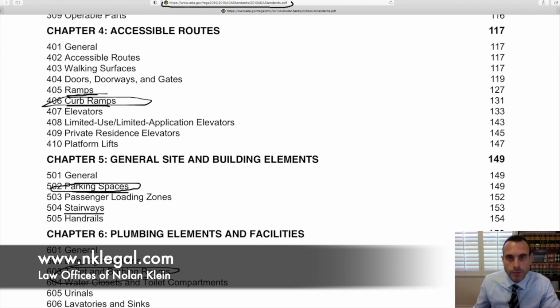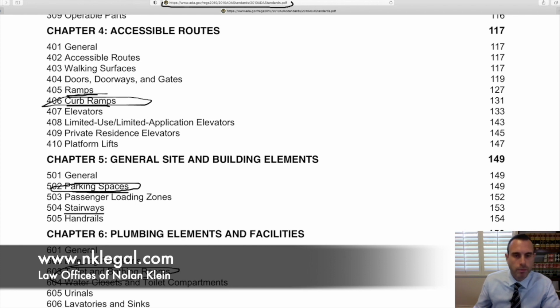And the exact specifications that have to be met are all listed in the 2010 ADAAG, and they can all be looked up very simply in order to ensure compliance, which is certainly a legal obligation and something that should be done by all businesses in the country.